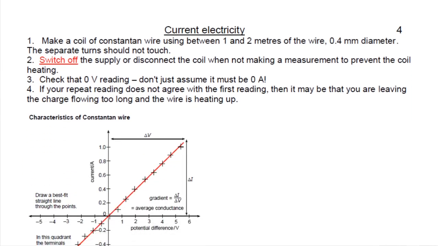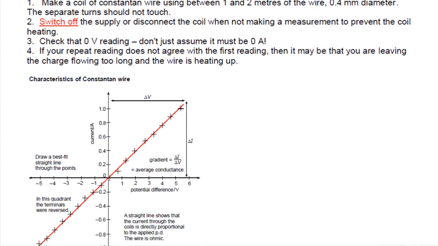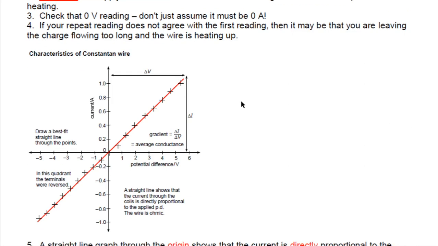So if you then plot a graph of I against PD, you get a straight line that passes through the origin, assuming that the temperature is kept constant, like we're saying.